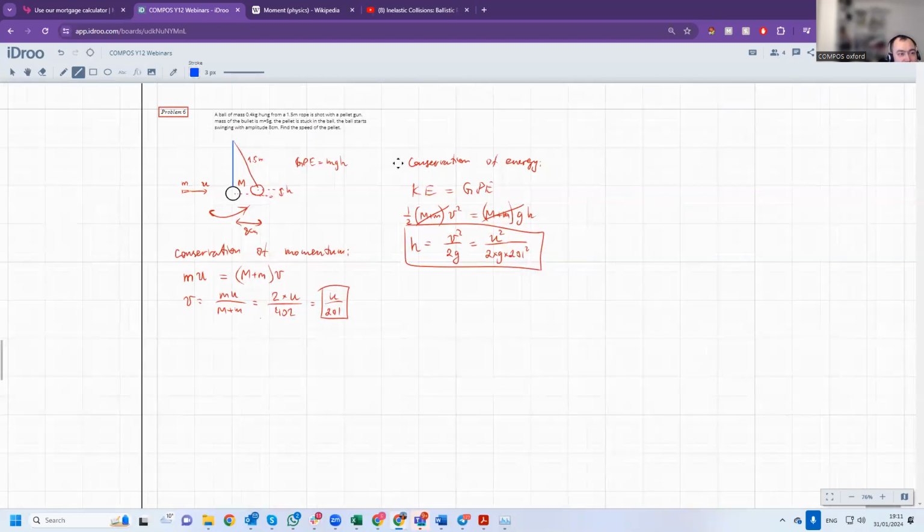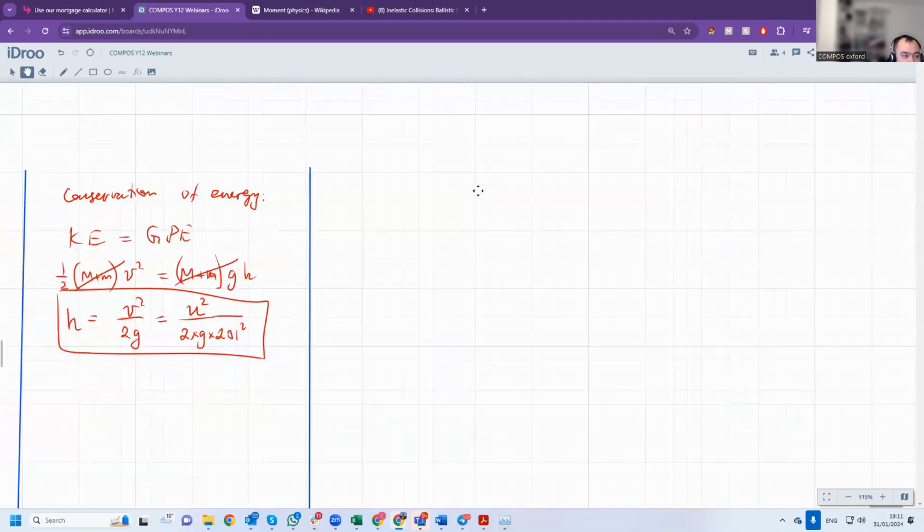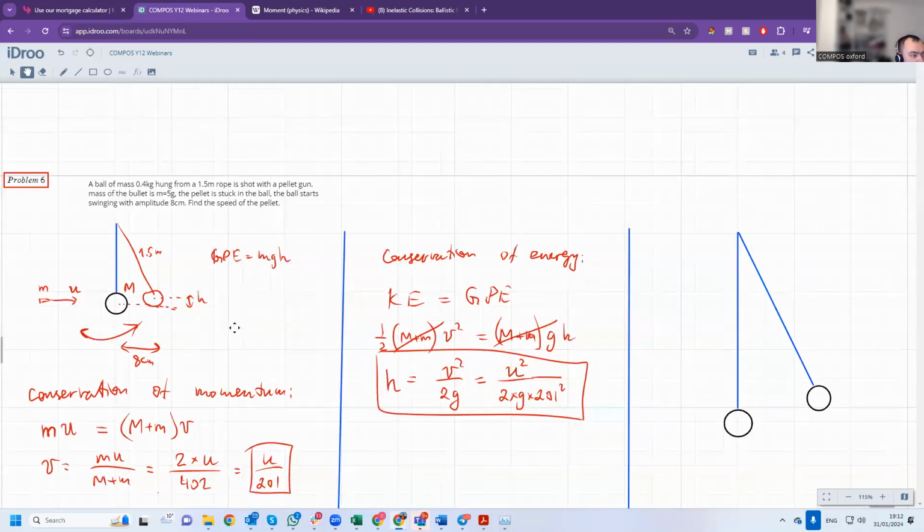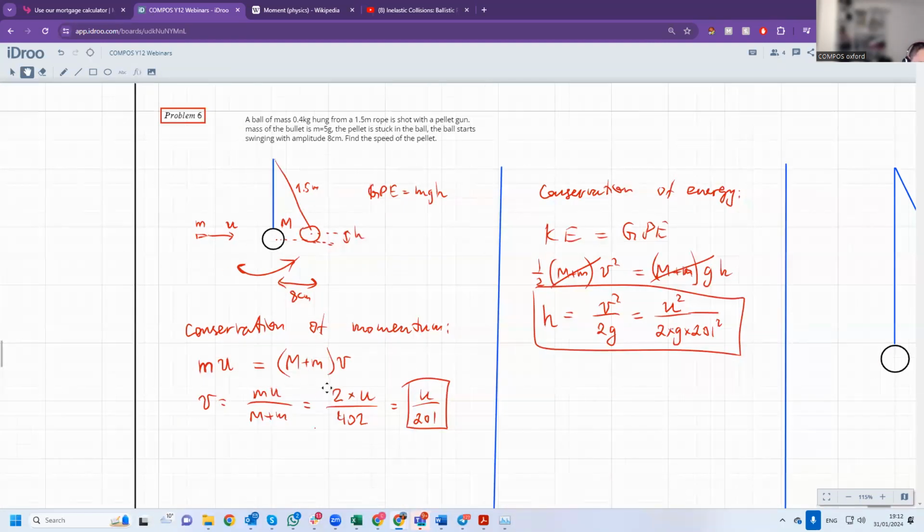Next part is using the height to work out the amplitude, to link the height and the amplitude. So if the pendulum is like this, and now the pendulum is like this. Oh yes, sorry, I've changed the numbers.